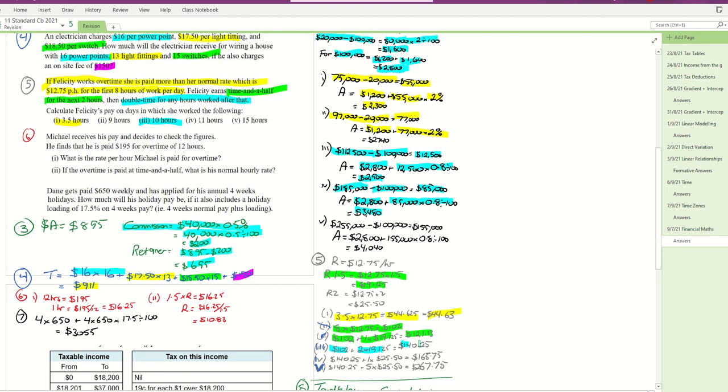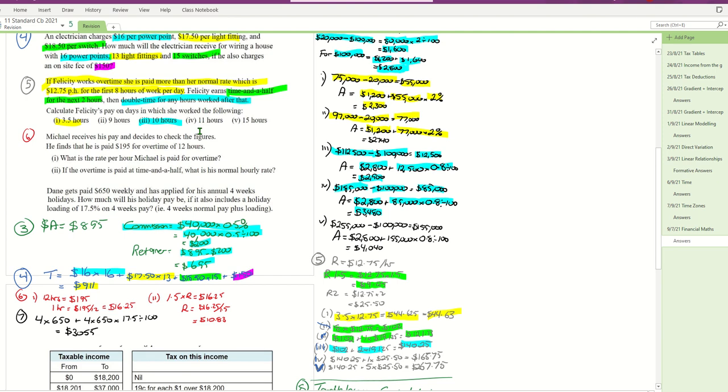So he gets $140.25. This is the amount he gets for working 8 hours at normal time and 2 hours at time and a half. Any hour he works after that, he's going to get double time.